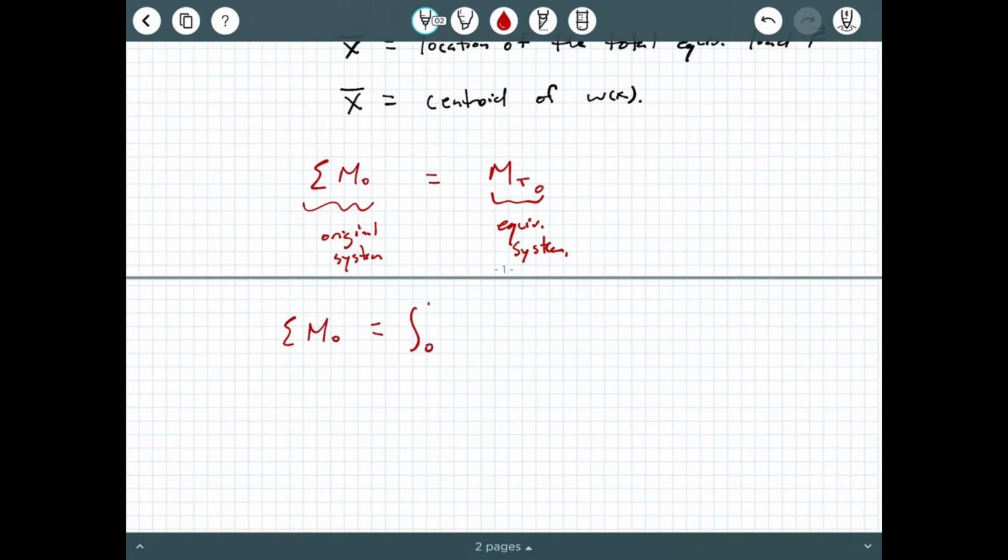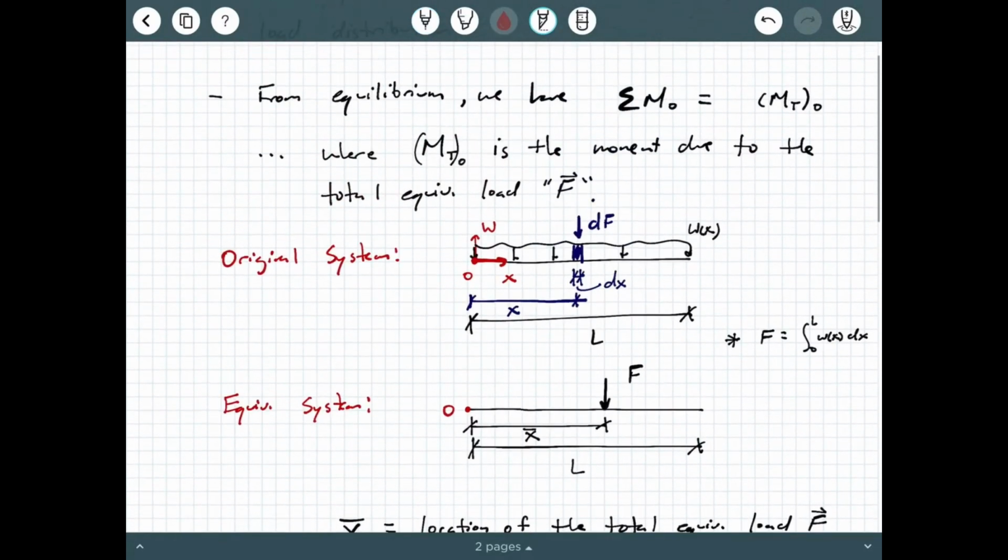So check out what I'm going to do here. I'm going to say the sum of the moments about point O on the original system is going to be equal to the integral from 0 to L of x times w as a function of x dx. All right?